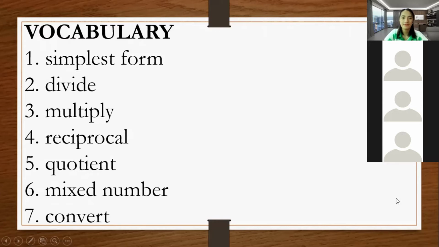Simplest form, divide, multiply, reciprocal, quotient, mixed number, convert. Very good. Thank you for reading. Next, Gao.